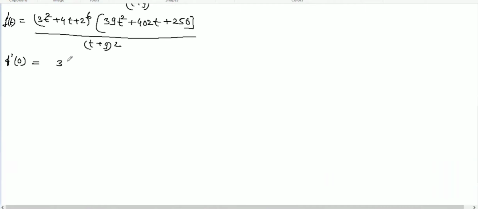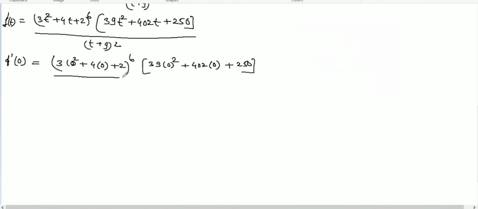So 3 multiplied by 0 whole square plus 4 multiplied by 0 plus 2 whole to the power 6, and then here 39 multiplied by 0 square plus 402 multiplied by 0 plus 250, all over 0 plus 9 whole square.